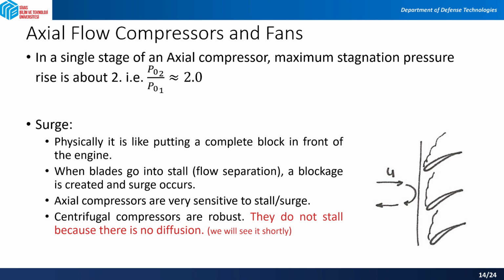So why is surge happening? When you have a set of blades right in here, these blades are rotating. When they get into a stall, and what does a stall mean? A stall means flow separates from these blades, right? When they get into stall, as you can see, the separated flow makes a barrier in here.